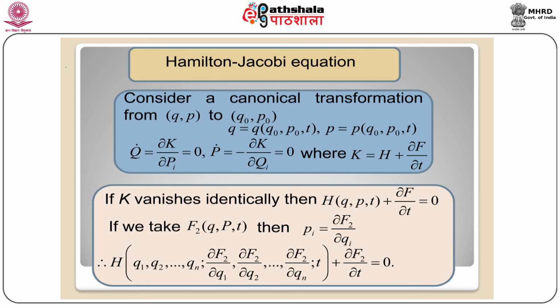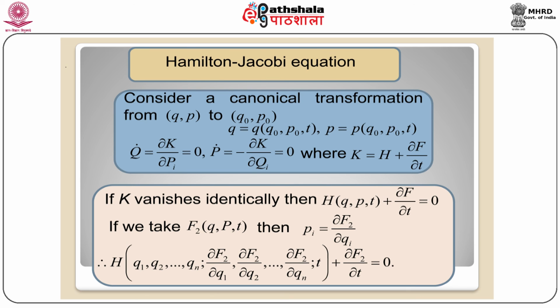Let us take the generating function capital F as function of the old coordinate small qi, new constant momenta capital Pi and time t. That is, if we take capital F2 as a function of small q, capital P and t, then small pi is given by this relation.